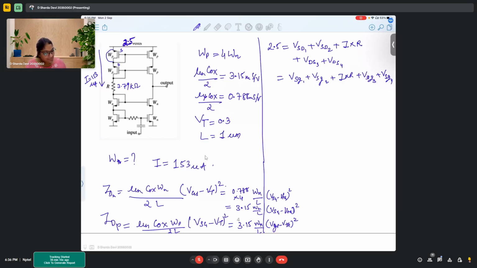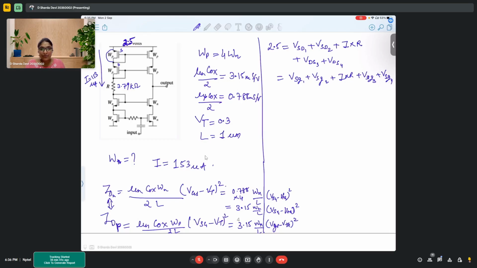So with this, we can clearly understand that first of all, same current is flowing through IDN and IDP, these two are equal. Now, this 3.15, 3.15, if both are equal, VTH for both the transistors is equal. That means VSG equal to VGS, correct?